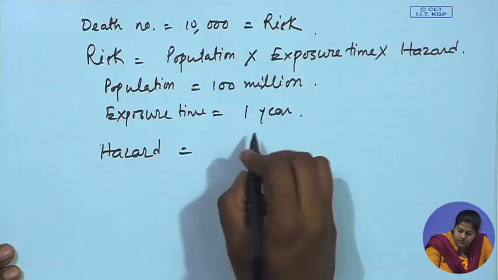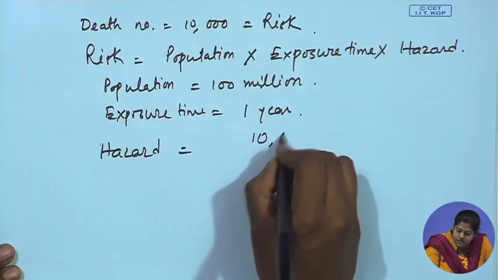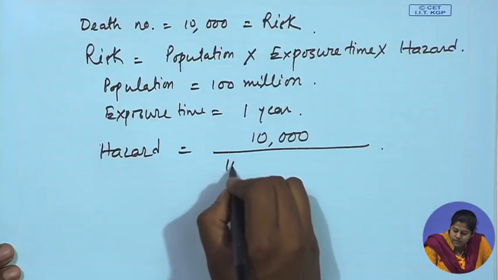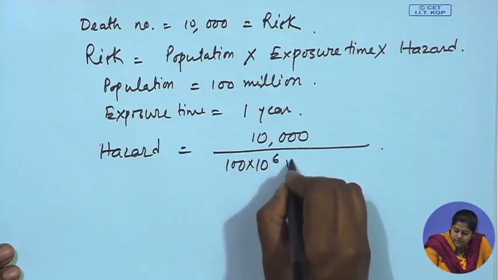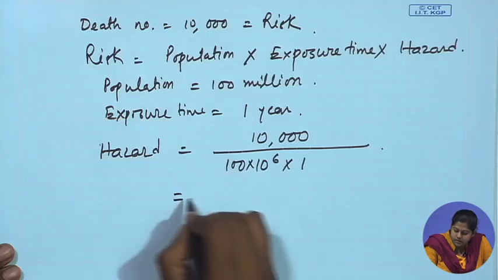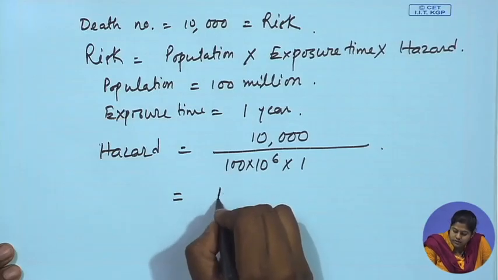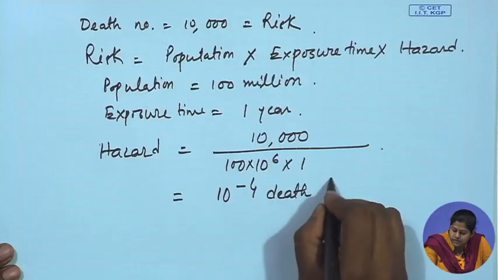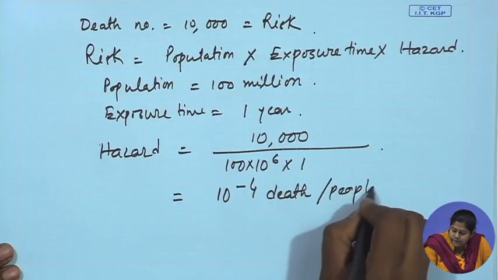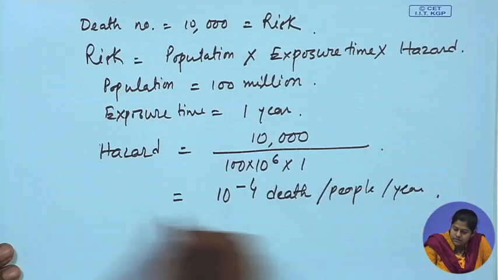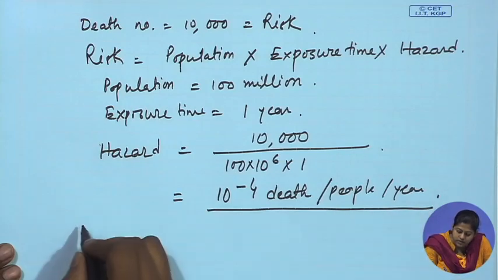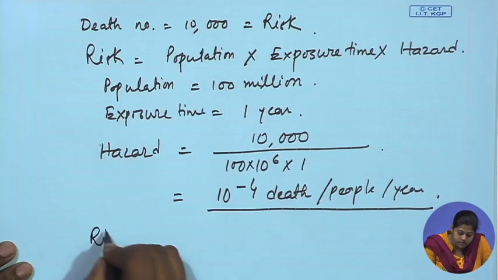Our hazard will be our risk, 10,000, divided by our population, 100 into 10 to the power 6, times exposure time of 1 year. So if you calculate, your hazard will be 10 to the power minus 4 deaths per person per year.